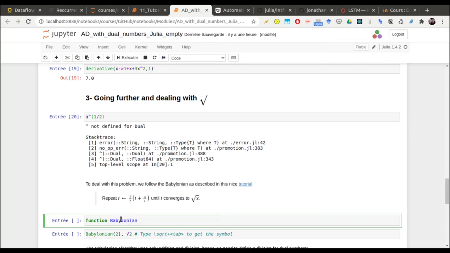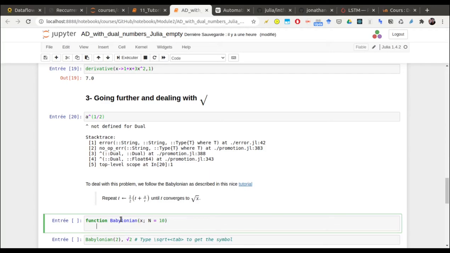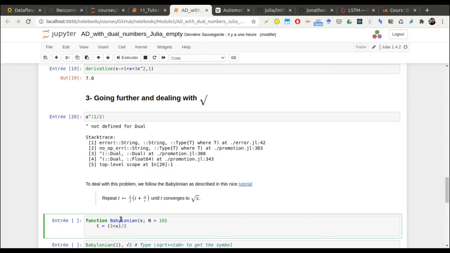So let's define a function Babylonian applying this to x and say for 10 iterations. So let's start from 1. So this is my first thing, and then I need to do a for loop.